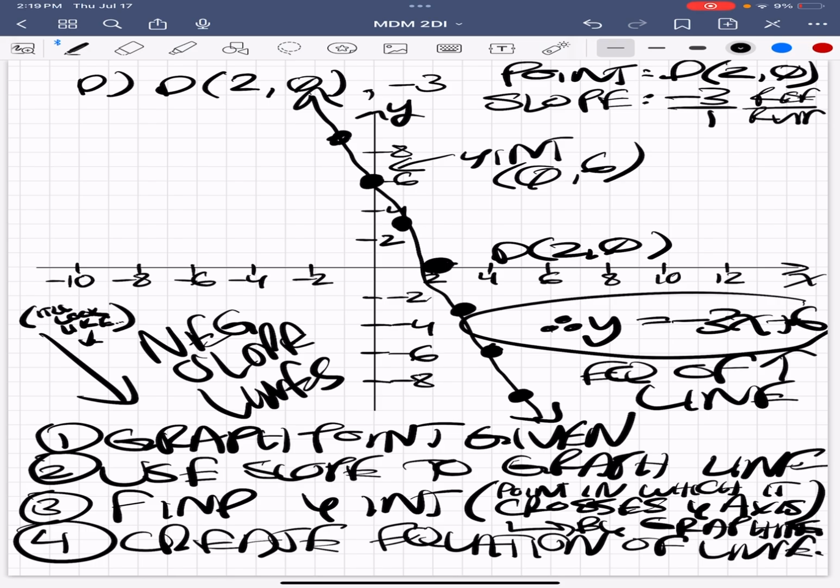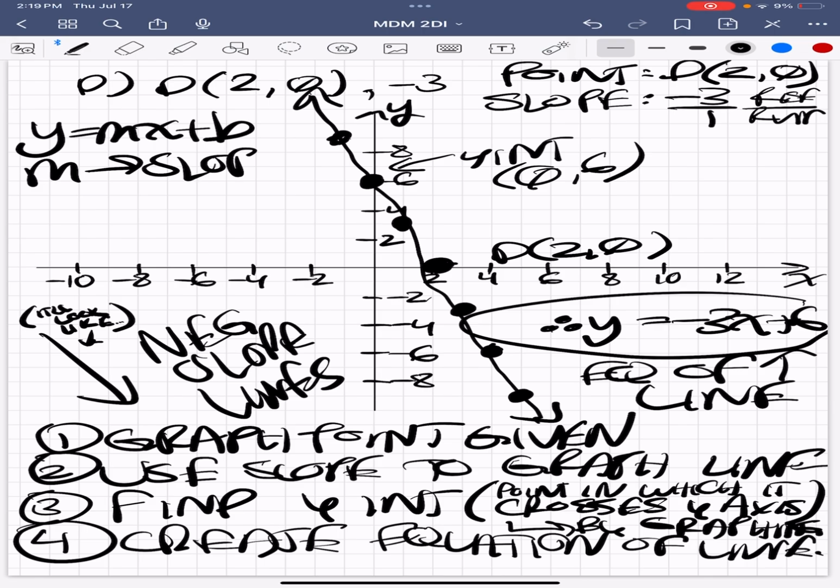And then we have y equals mx plus b, m being slope, or rise over run, and b being the y-intercept as well. I'll give you a moment to write that down. Here are our steps. And we'll move on in just a moment.